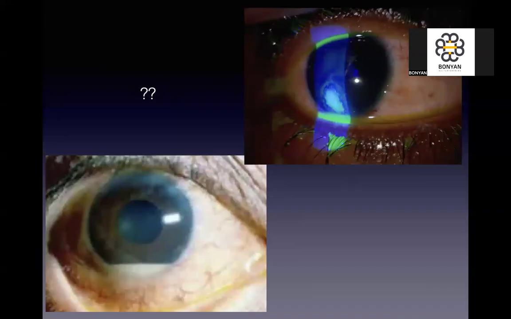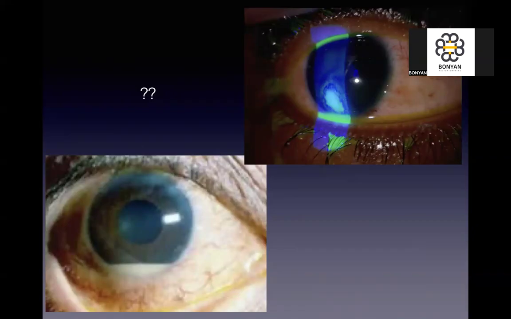So the hypopyon here in the inferior picture is a sterile hypopyon, inflammatory cells with no infection, which may happen with autoimmune diseases like Behçet disease. So there is reaction due to uveitis, but there is no infection. So it's called sterile hypopyon, and it's with some characteristics. Above here, there is a corneal staining, but the eye is quiet.